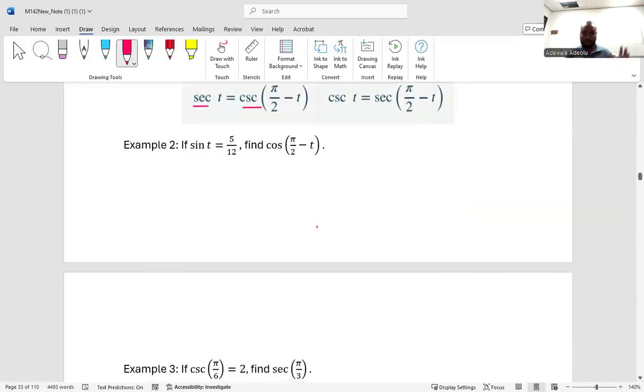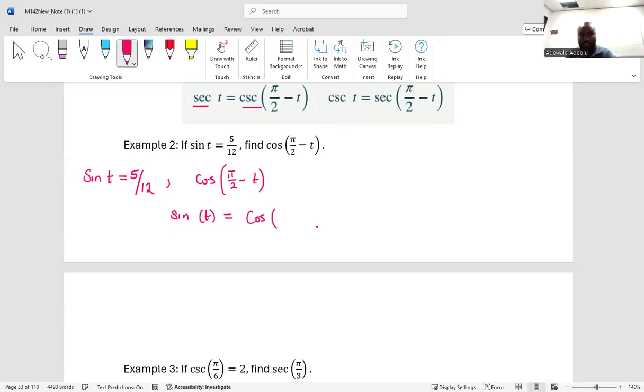Let us look at it from an example perspective. Sine of angle t is 5/12. I want to find cosine of pi/2 minus that angle. We don't even know what the angle is. Now, remember that we have this relation, sine of angle is cosine.